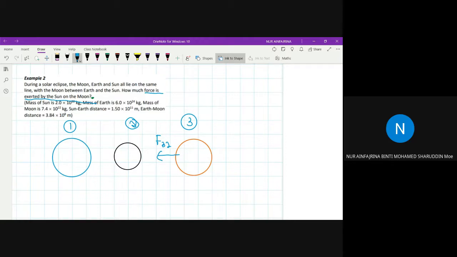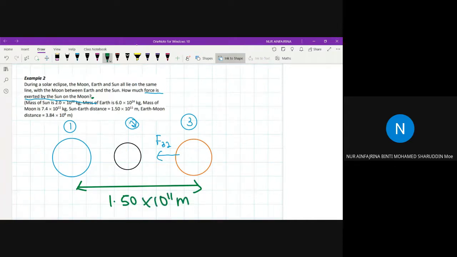Okay, now let's look at the information given. The information given is mass of the sun, mass of the earth and mass of the moon. And dia cakap sun-earth distance. Okay, mari kita tengok ya, sun-earth distance. Sun-earth distance is berapa? Dia adalah 1.5 times 10 to power of 11 meter.